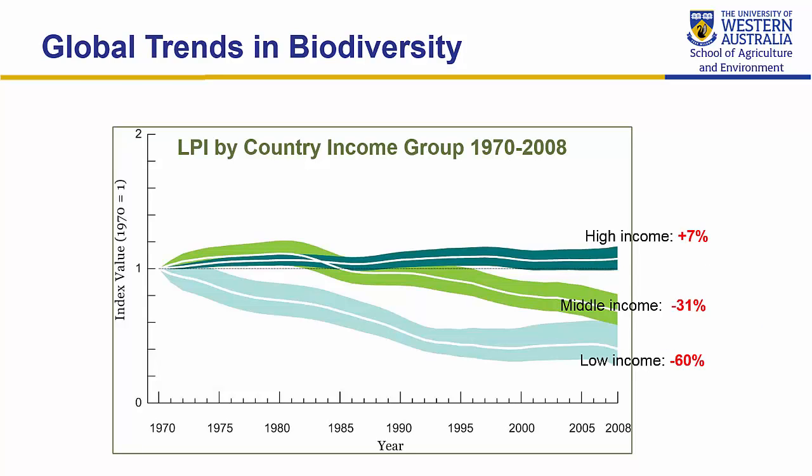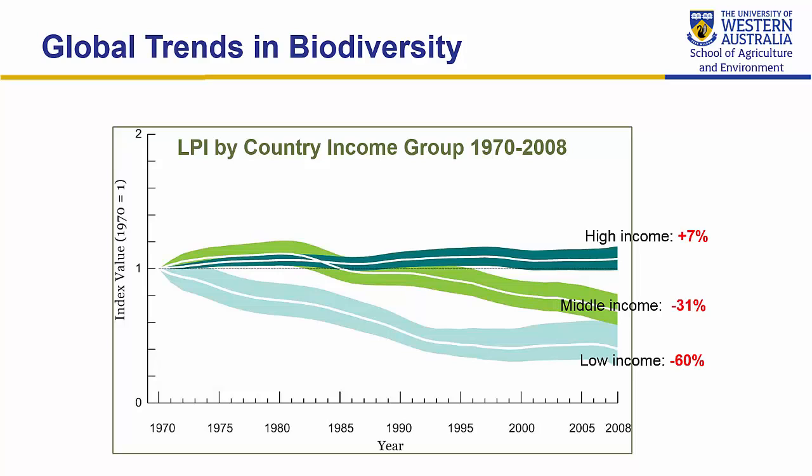There's lots of things you can look at in the Living Planet Index. They have reduction in global diversity by region in the world, but I just thought it would be interesting to show the change in biodiversity for different types of countries. This is from the previous Living Planet Index in 2012 that was released.